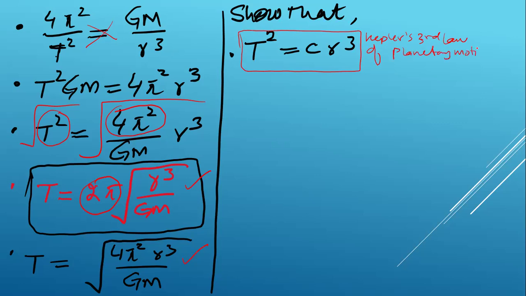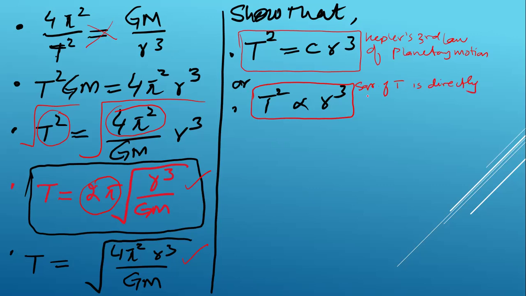Kepler also developed the laws for planetary motion. The law states that the square of the time period is proportional to the cube of the radius. So they can ask you to prove this as well, or of course, T square is a constant into r cube.